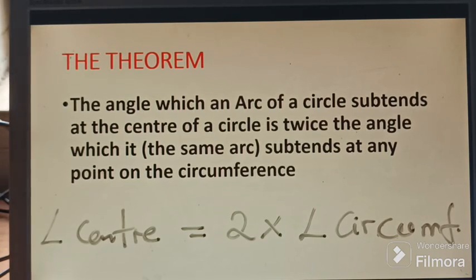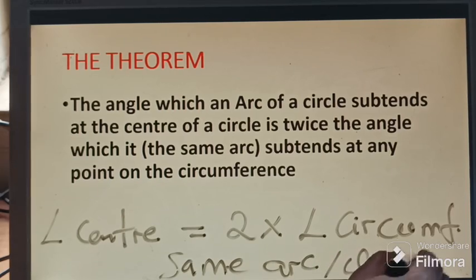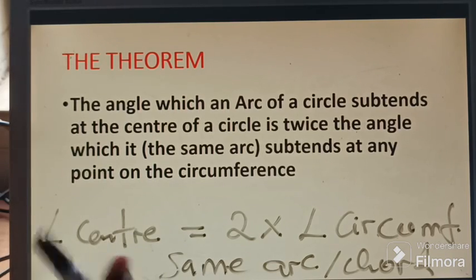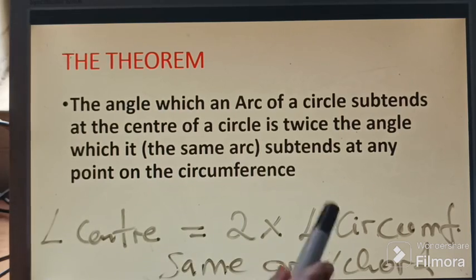Condition pakare same arc, or in our case, we also said it will color same chord, meaning kuti angle at the center ichote point ofanana the angle at the circumference. So angle at the center is equal to 2 times the angle at the circumference.